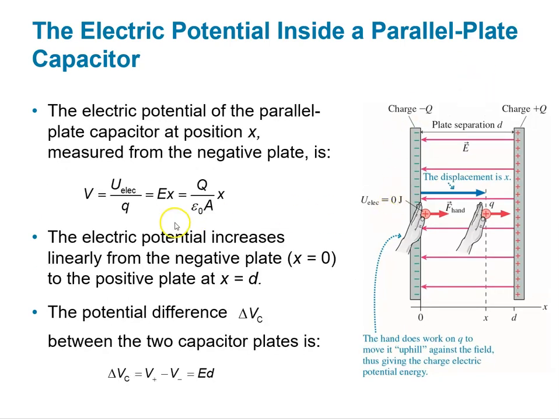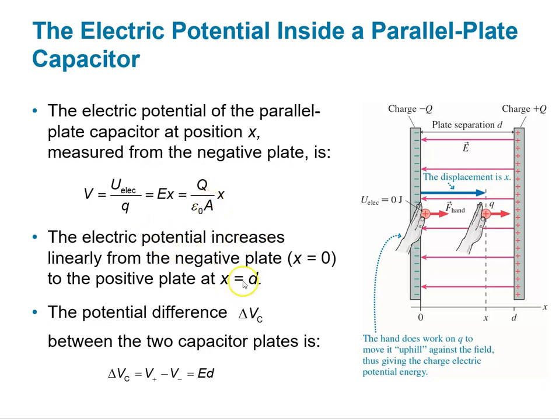All right, now going back here. We said U divided by Q was equal to E times x. We also know that potential is equal to U divided by Q. So potential is equal to E times x. The electric field of a parallel plate capacitor is Q divided by epsilon naught times A, times x.